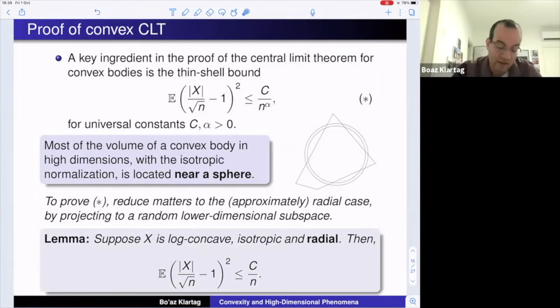And then you would use smoothing in some way to reduce to the approximately radial case. And then you just need to prove a lemma about distributions that are log-concave, isotropic, and radial. For these things, these are just kind of one-dimensional problems. If it's radial, you manage to prove directly that indeed most of the mass is in a thin spherical shell.